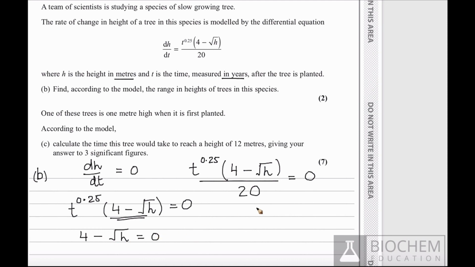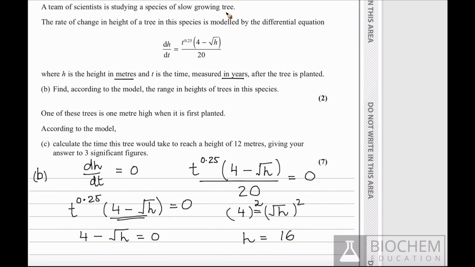Taking square root h to the other side, we can write this as 4 equals square root h. And by squaring both sides, we can get the answer of h to be 16. So this is the maximum height of the tree.